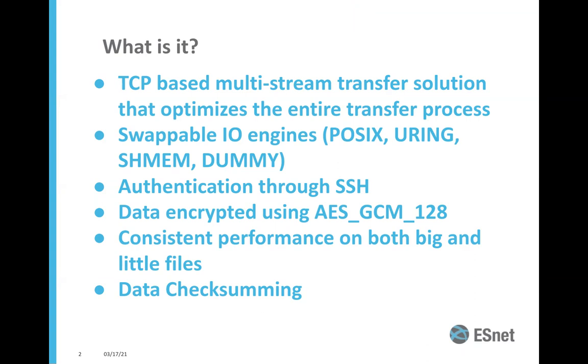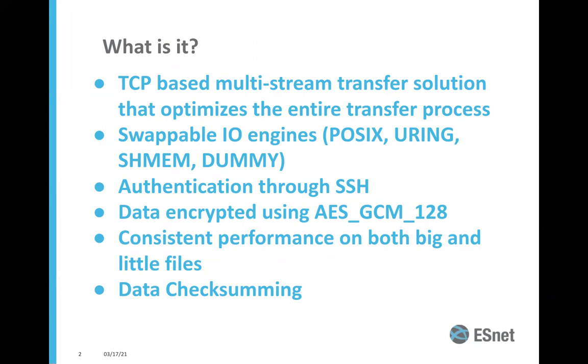If everything works right, you should get transfers that are right on target with iPerf. If not, there's a ton of tuning options in the DTN utility that will help look at, like, is this a disk issue? Is it something else? And once you figure out where your bottleneck is, it should provide you close to iPerf performance.